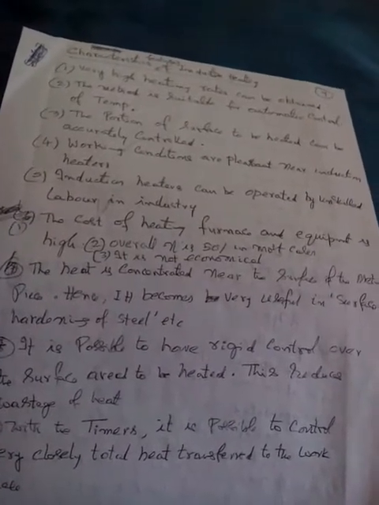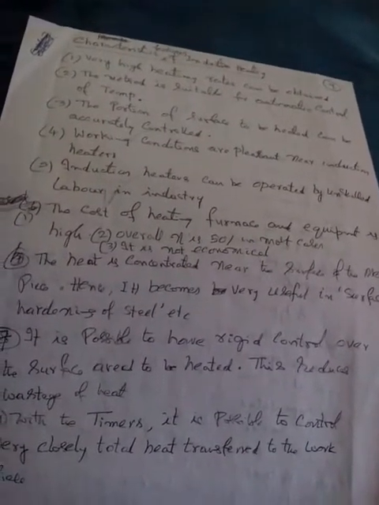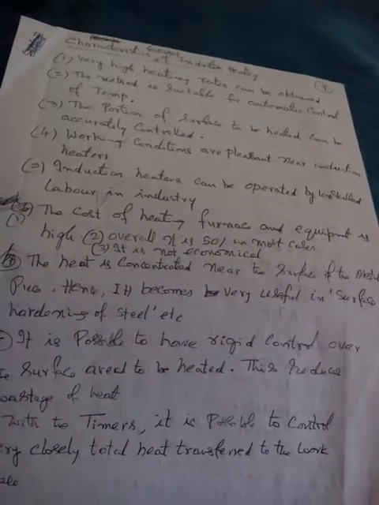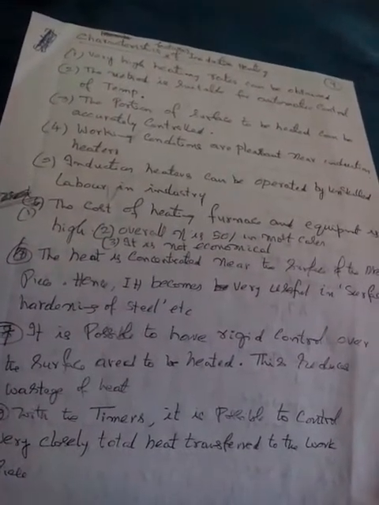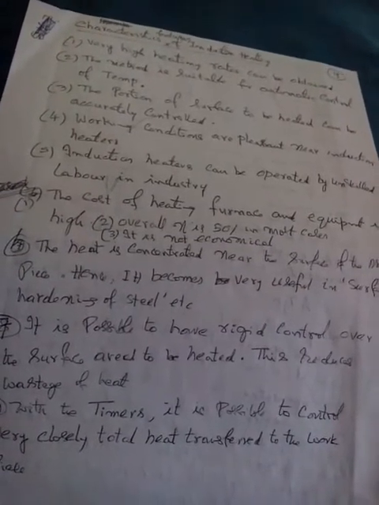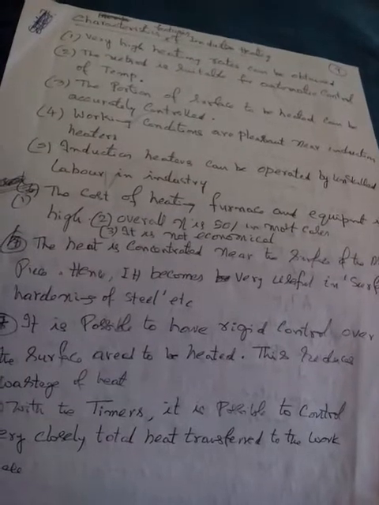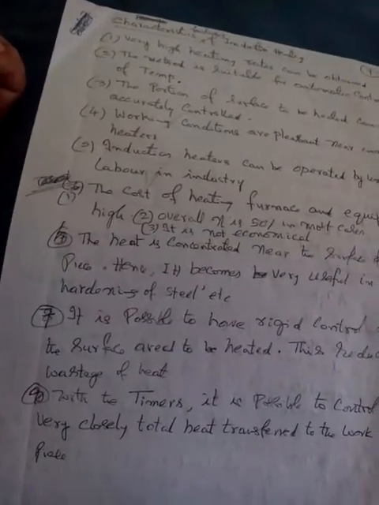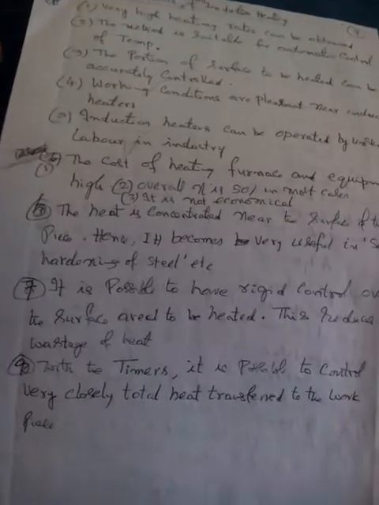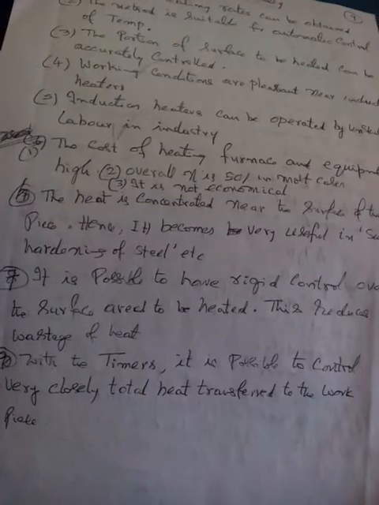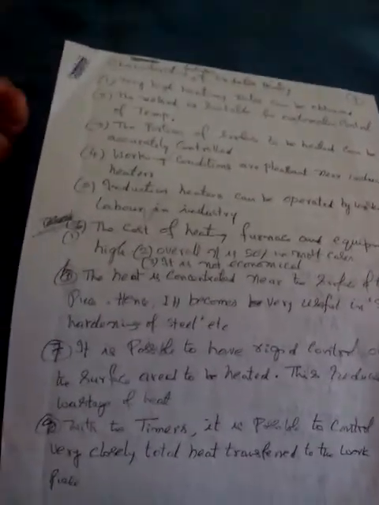Number eight, it is possible to have rigid control over the surface areas to be heated. This reduces wastage of heat. Number nine, with timers, it is possible to control very closely the total heat transferred to the workpiece.